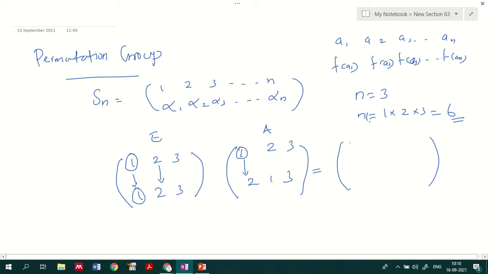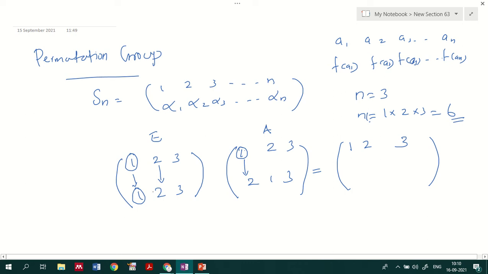Let me say that the first row will always be the same, that is 1 2 3, and the change will be in the second row. In this case 1 is changing to 1, and corresponding to 1 in this matrix we have 2, and then you see what the value is corresponding to 2 in the other matrix, that is 2. Now take the case of 2.